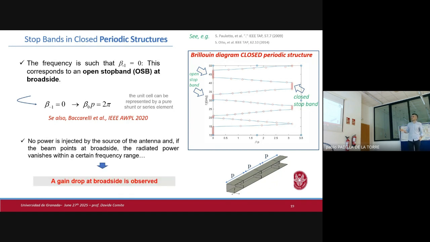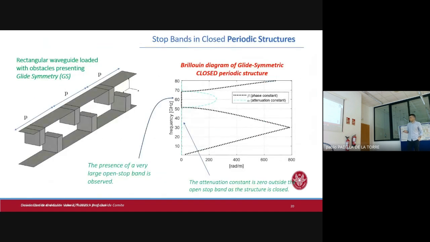So this is just a possibility: a periodic load within a waveguide. Another possibility, which I will use as an example, is a load that has a guide distribution with bad symmetry. In this case, I'm also adding the phase constant and the attenuation constant in different colors. Where you have an open stop band, you have a big attenuation.